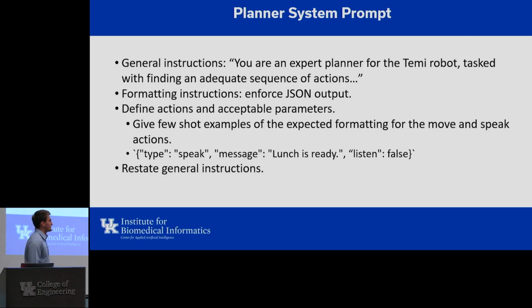So if it just gives a natural language answer, like say the message, lunch is ready, and wait for a response, then that's hard to programmatically turn into code. And we can enforce this with few-shot examples, which is giving a couple examples of each action in the format we request. And then at the end of the system prompt, we just restate the general instructions.